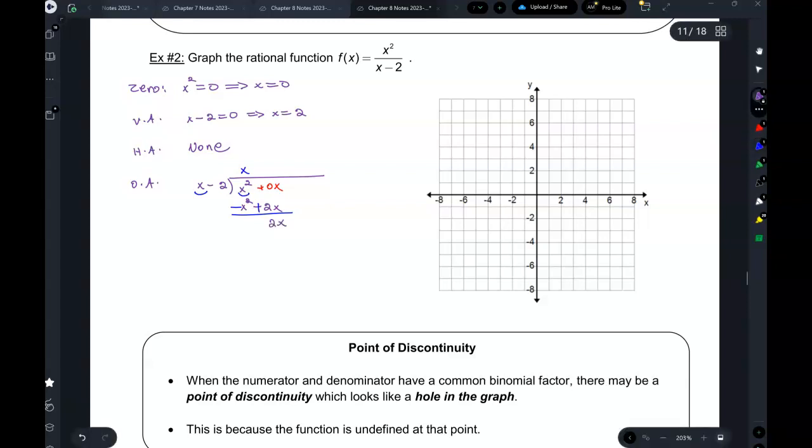So I get 2x. Now this divided by that gives plus 2. So we get 2x minus 4, and when I subtract this, I get negative 4. Now I throw away the remainder and just take this. So the oblique asymptote is y equals x plus 2.